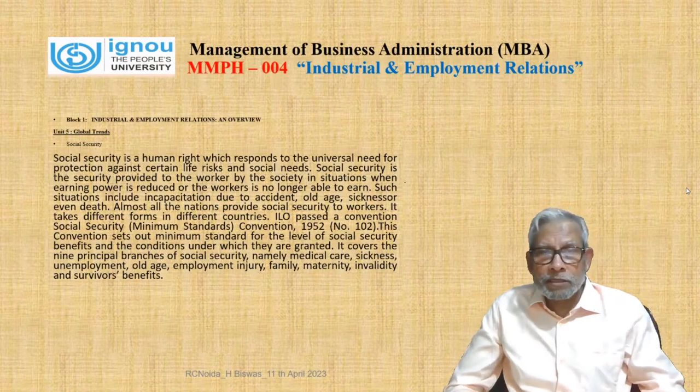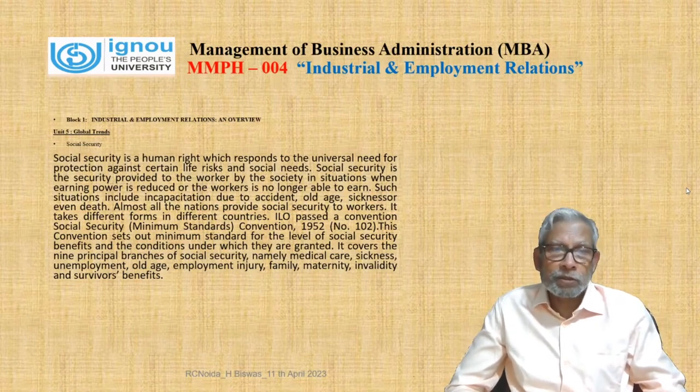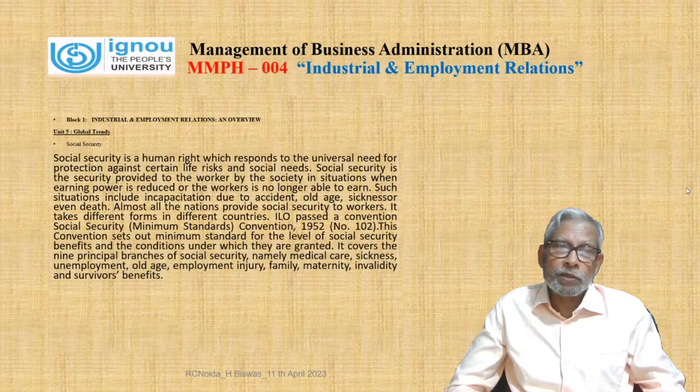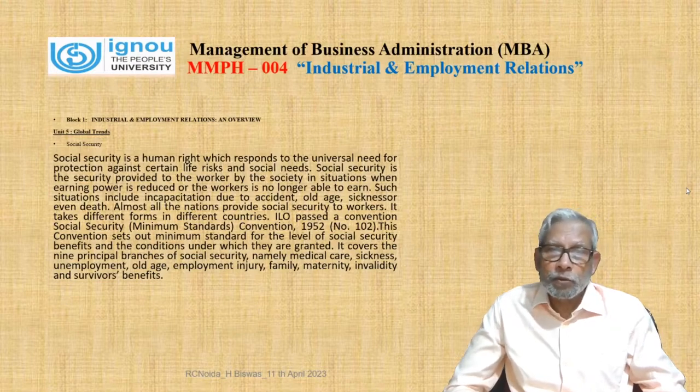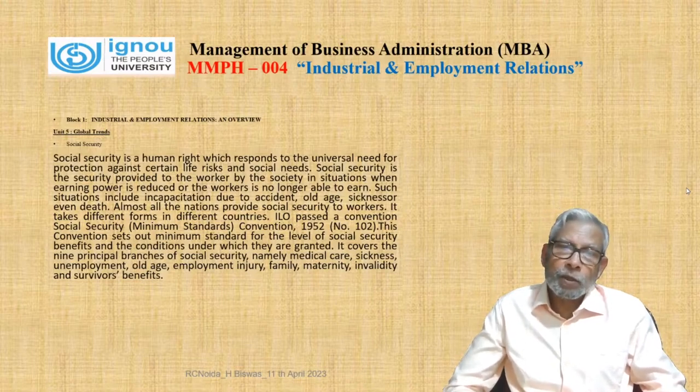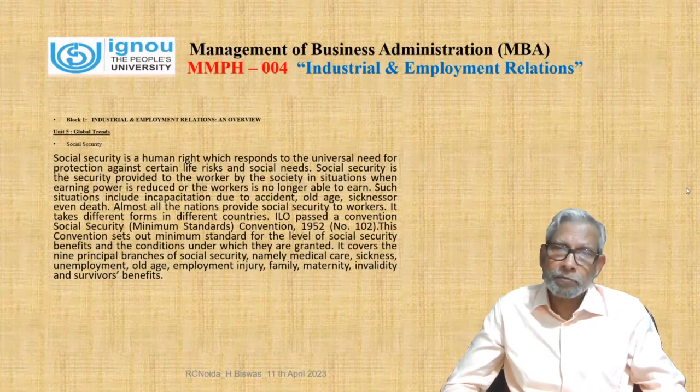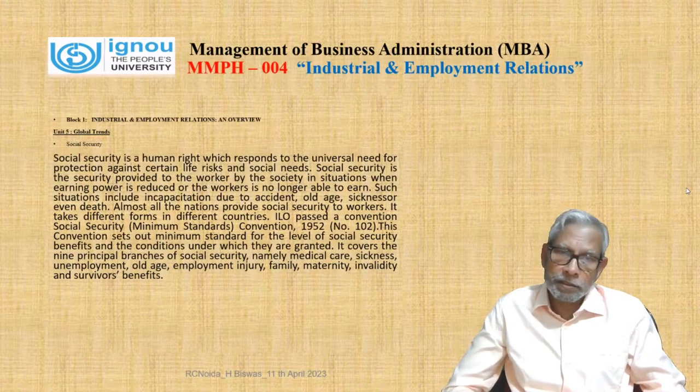So the ILO passed a convention on social security minimum standards. In 1952 there was Convention number 102. During the convention, a lot of rules and standards are approved, or you can say passed by the committee.